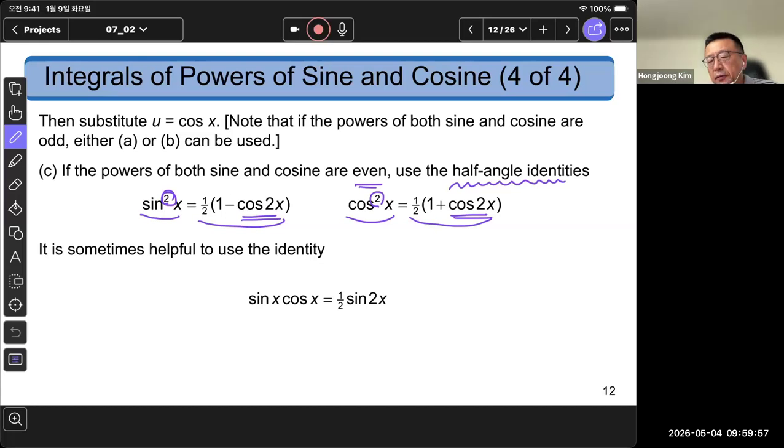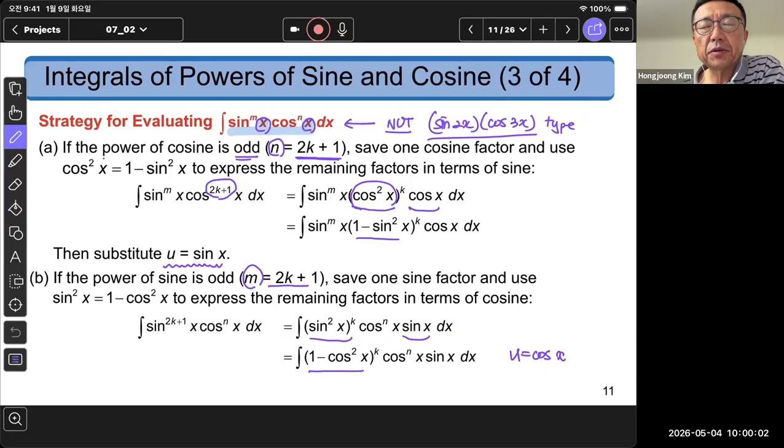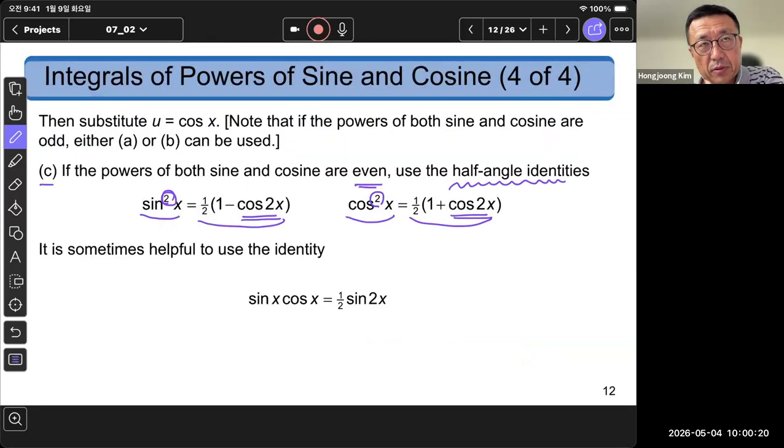So if my integrand is a certain power of sine x times some power of cosine x, and these two angles are the same, then definitely the integrand will be one of these three situations. So depending on the case, you need to apply the appropriate formula.